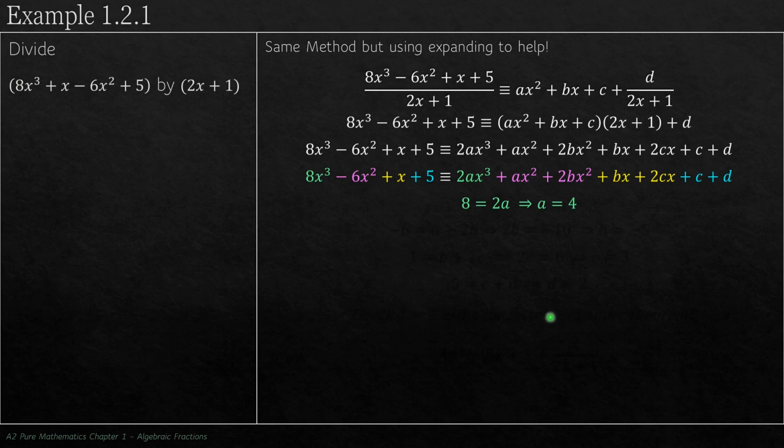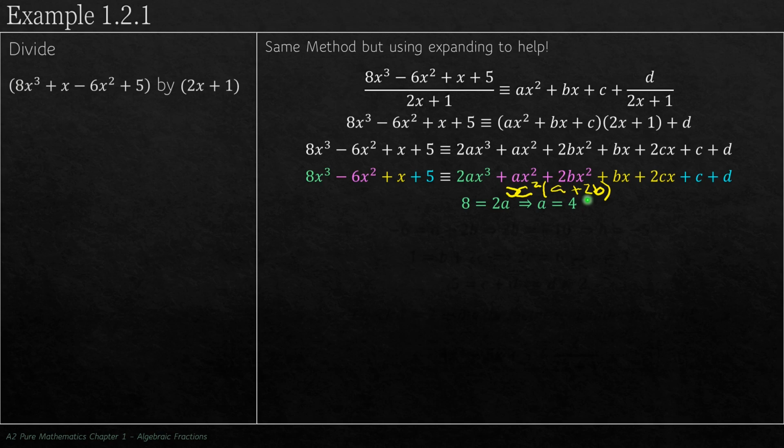Moving on to the quadratic term, so I've got a -6 here, and then I've got an a and a 2b here. Now it's almost like factorising it, so if we were to write it as x squared and then a plus 2b, the a plus 2b becomes the coefficient of x squared, because that's the term that we've got.